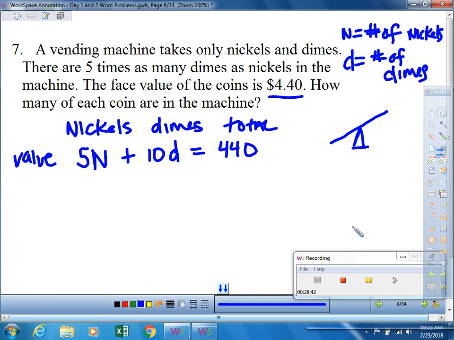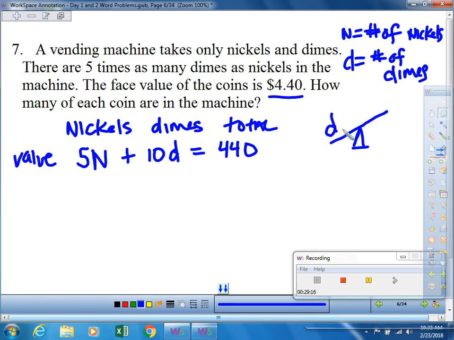All right. So now, can you put those away, please? Here's the statement. I want you to do this part of the teeter-totter. Which one has more? Dimes, 5 times as many dimes.